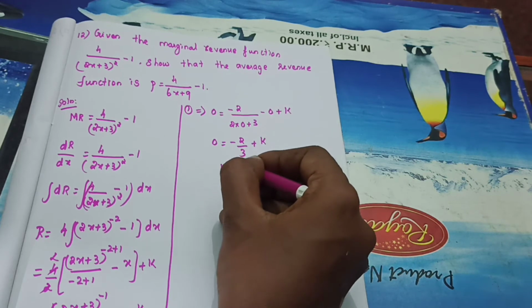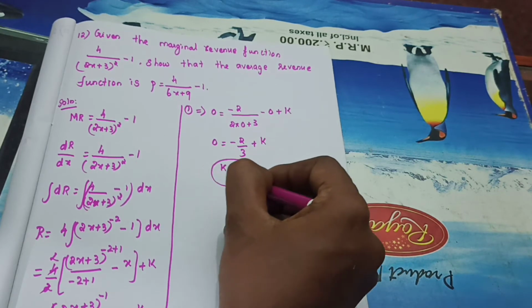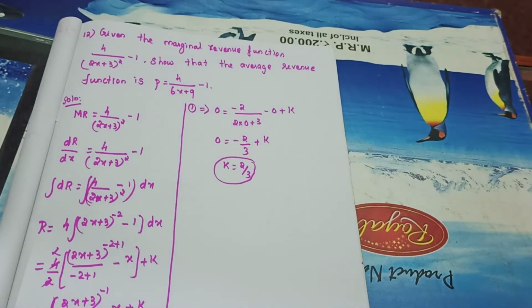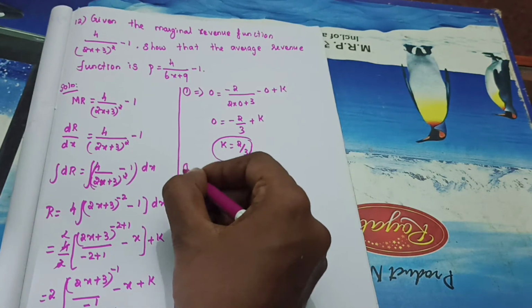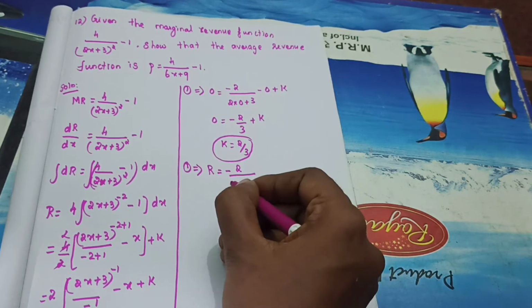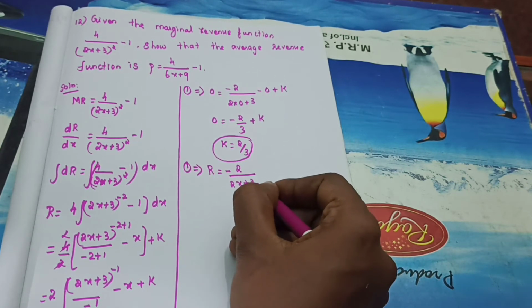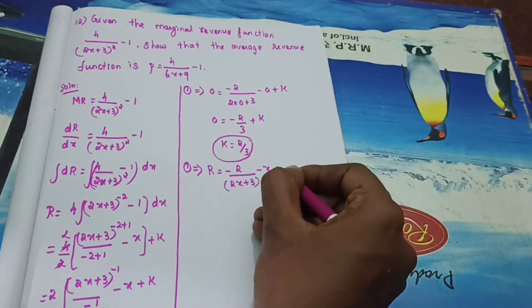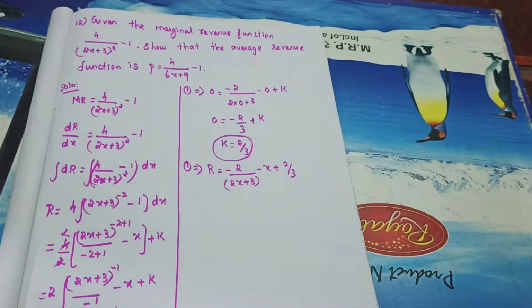So k equal to 2 by 3. Now you got the value of k equal to 2 by 3. Understand? Now substitute in 1. 1 implies R is equal to minus 2 by 2x plus 3, minus x plus 2 by 3. Okay.